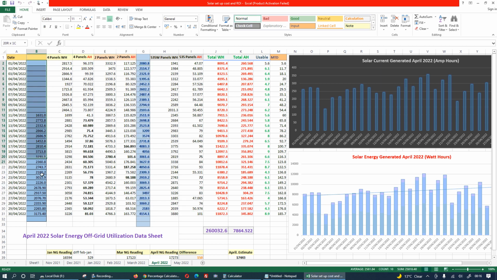Now, do not worry so much about these blue columns here. The reason why I take this data is because I bought a charge controller that comes with its own watt meter. So this is for my blue screen watt meter. If you have seen the video of my distribution board, you will notice that each of the charge controllers has its own blue screen watt meter.